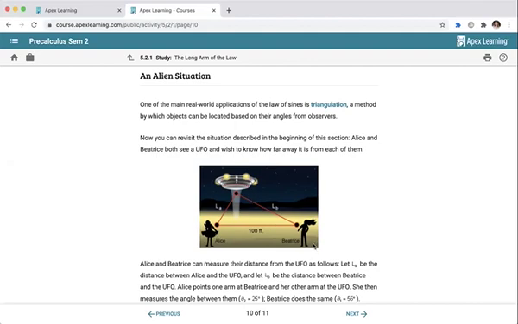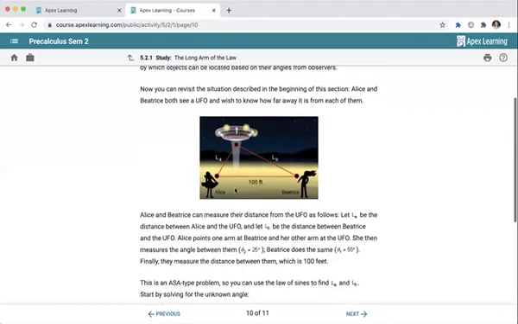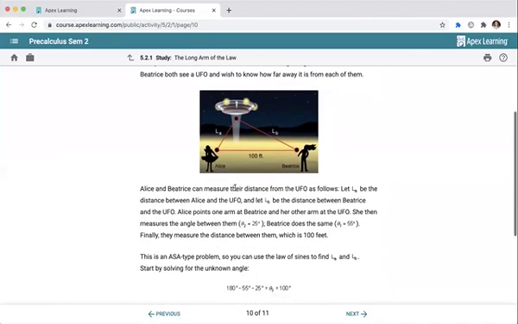So Alice and Beatrice here, we know that they're 100 feet apart, and they both are looking at the same thing. Alice points one arm at Beatrice and her other arm at the UFO, and she measures an angle. Alice has an angle of 25, while Beatrice has an angle of 35.